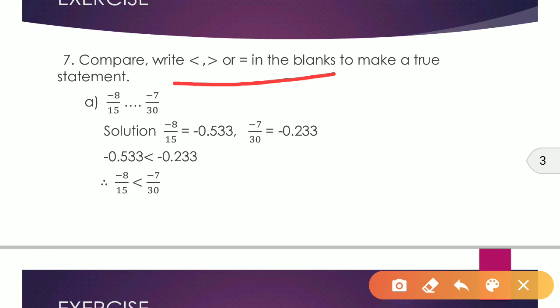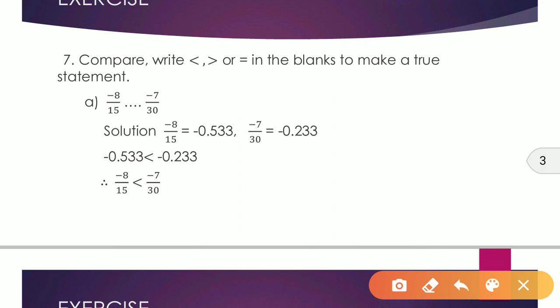I have already told you how to compare two rational numbers. Either you go with the decimal method, or you can convert the denominators into the same number. So I will go with the decimal method. Why? Because the decimal method is very easy as compared to the other method.